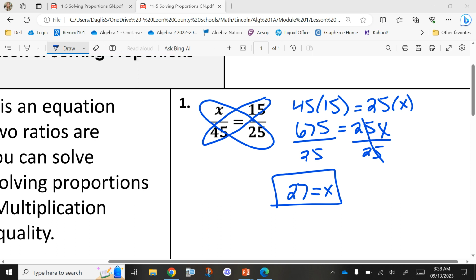What did you get when you did 27 divided by 45? 0.6. All right. And then what did you get when you did 15 divided by 25? 0.3?